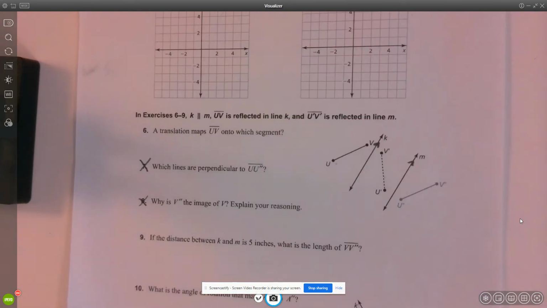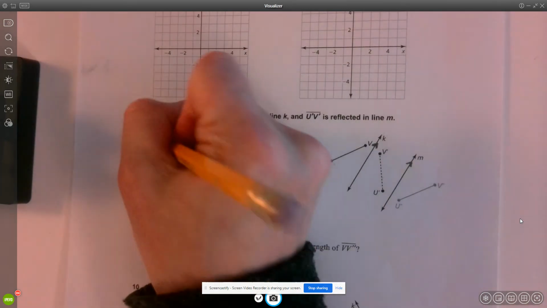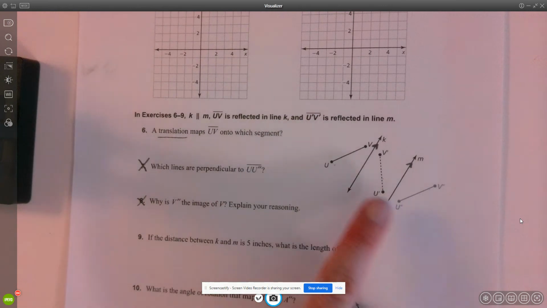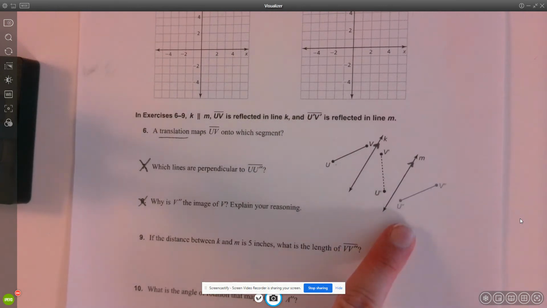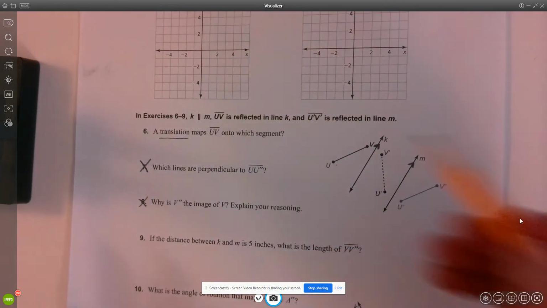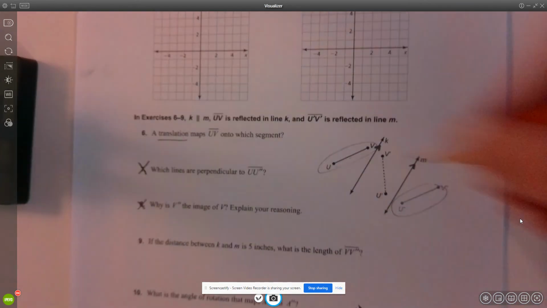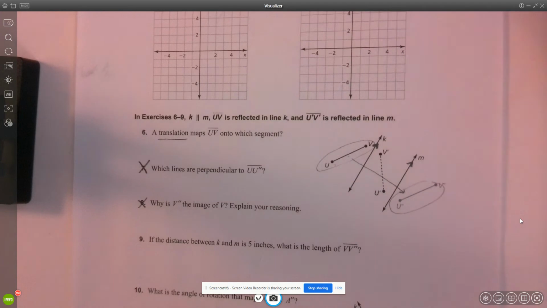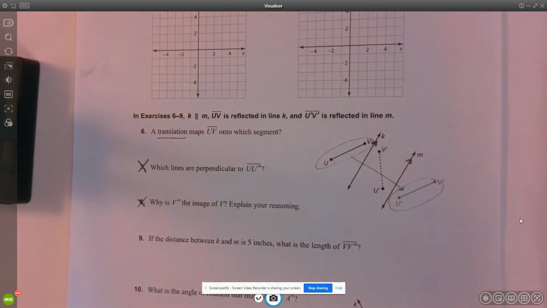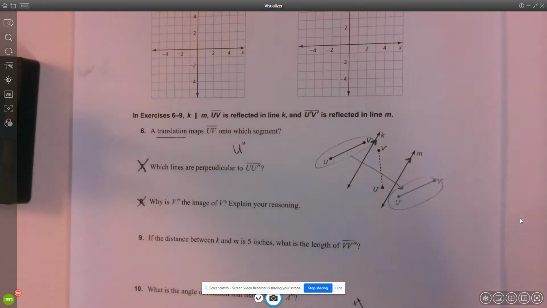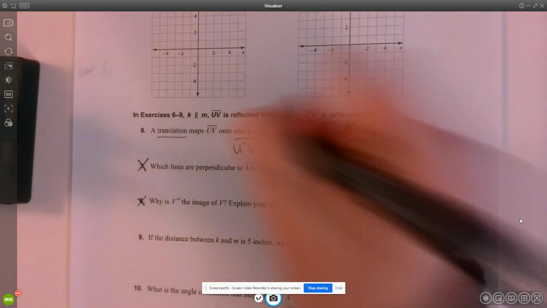And so in number 6, it says a translation maps segment UV onto which segment? Well, after we reflect this segment twice, we can see that overall, from our first pre-image to our final image, that is a translation. And so a translation maps line segment UV onto line segment U double prime V double prime.